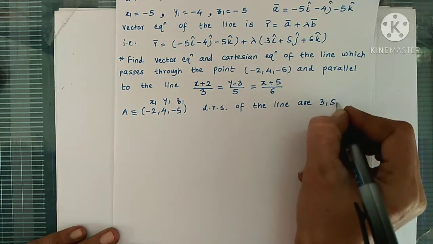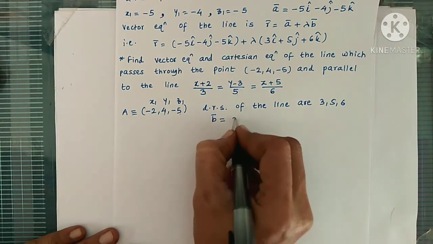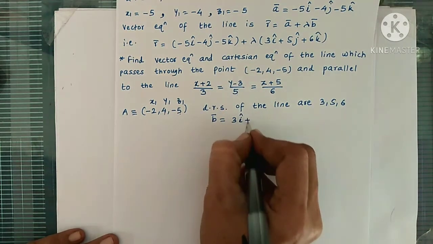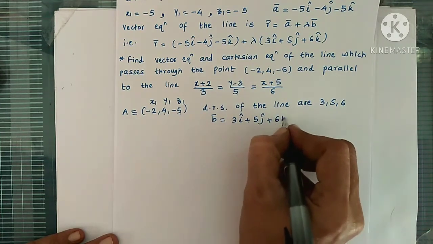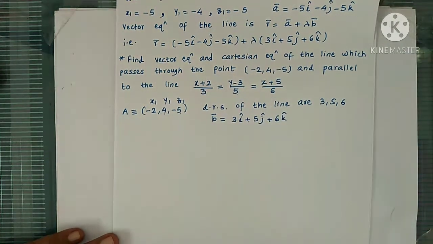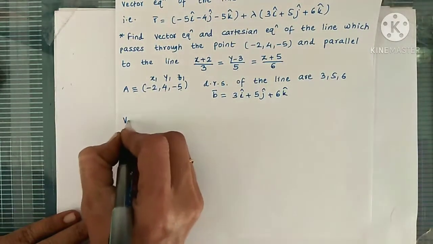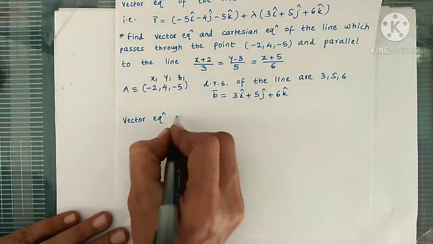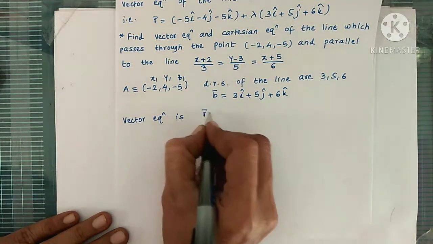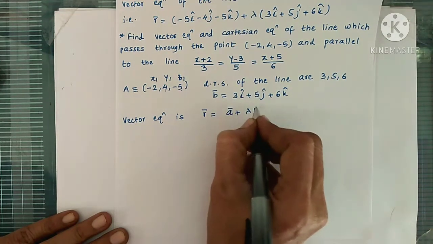That means we have b bar equal to 3 i cap plus 5 j cap plus 6 k cap. So first let's write the vector equation. So the vector equation is r bar equal to a bar plus lambda b bar.